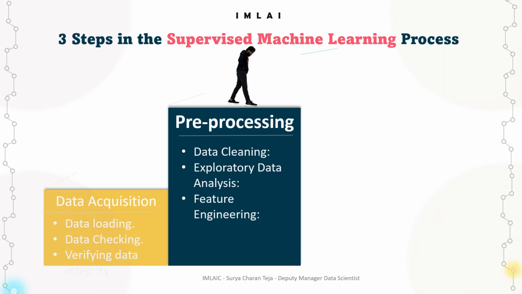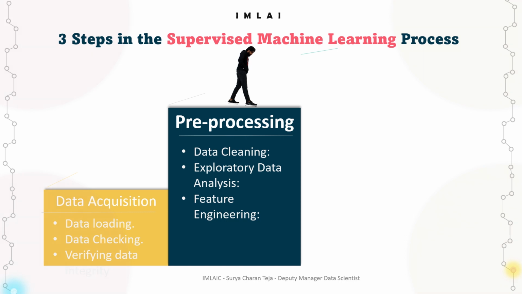So in feature engineering, mainly we will do two tasks: either feature selection or feature extraction. For that, we can use dimensionality reduction techniques such as principal component analysis or t-SNE to reduce the dimensionality, and to find out patterns we can use algorithms like k-means and that sort.